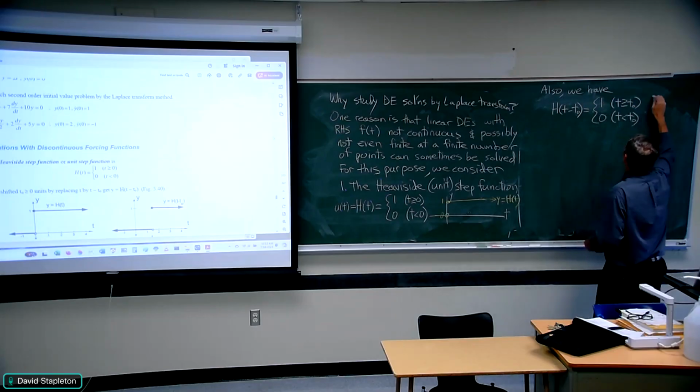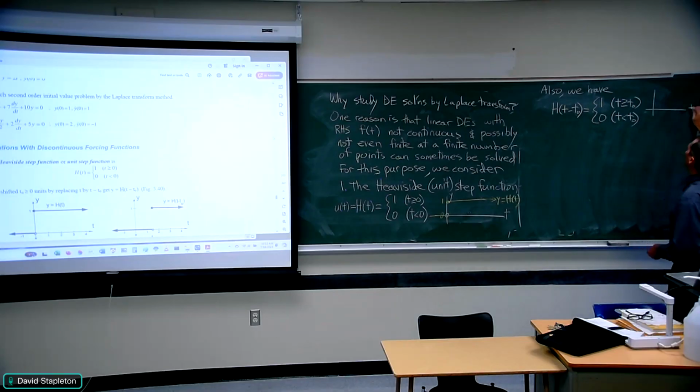Right? So here's t, and here's y. If I plot y equals h of t minus t0, it's 0 until this time t0, and then it's equal to 1 after that. So it's a unit step at t0, right?